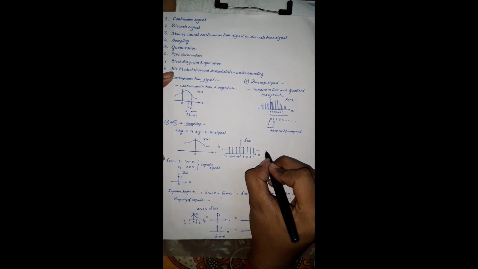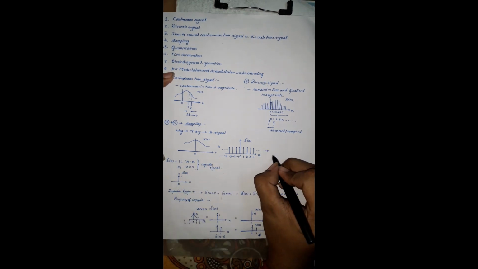This is a very simple phenomenon. I think you have understood this. If you have understood this, then you can tell this result very easily. How? See, we are converting a continuous time signal into a discrete time signal by means of impulses.